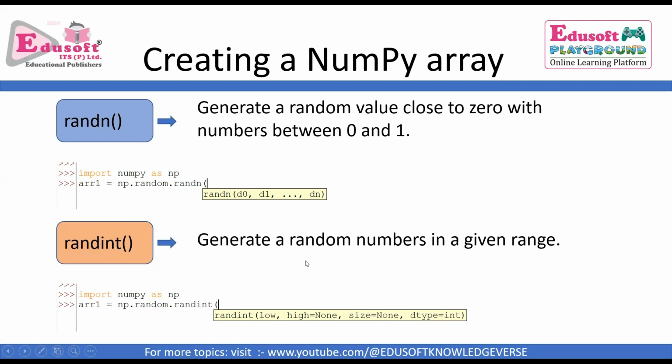So if I want to create an array in the range between 0 and 100 having 50 elements in it, what will low be? 0. What will high be? 100. What will size be? 50. So it will generate an array having 50 random numbers in a range between 0 and 100.